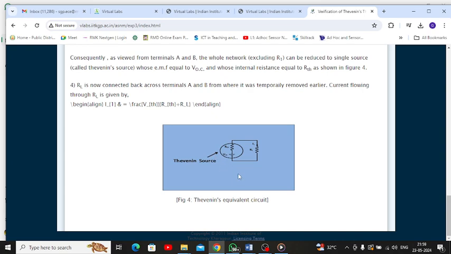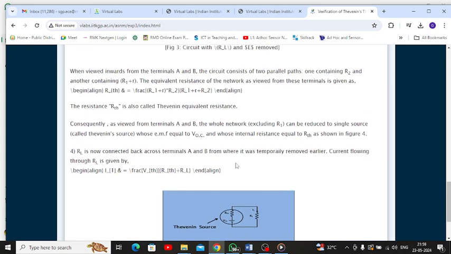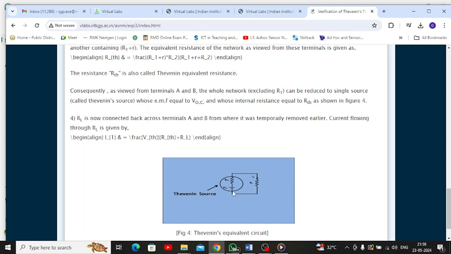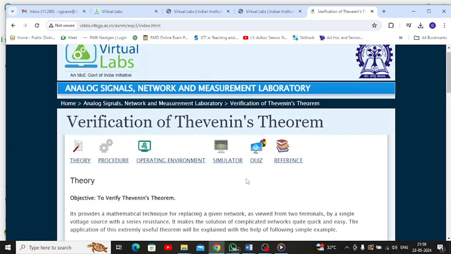Now we replace the entire circuit by a single source with a series resistance, across which we connect the load resistance RL.